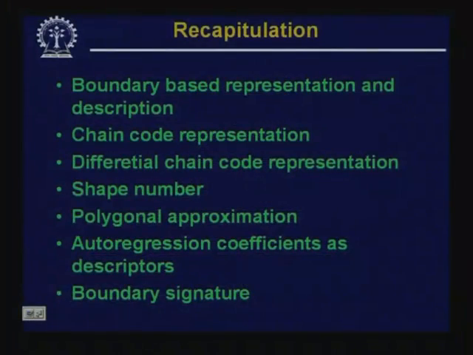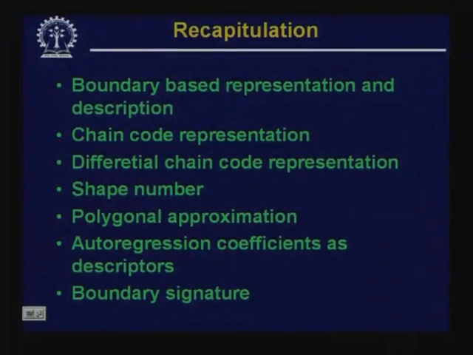The first kind of boundary representation method that we talked about is chain code representation, and we have also seen that the chain code representation by itself is not scale independent or rotation independent, though it is translation independent.